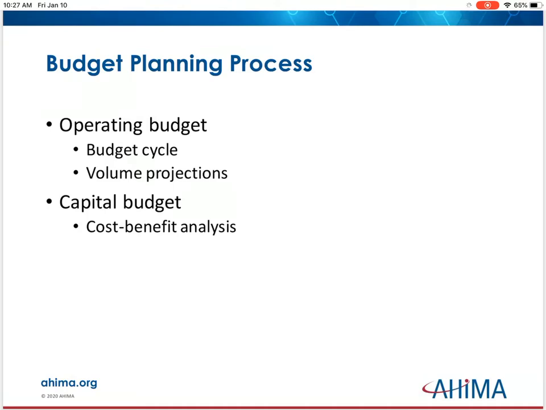For the HIM department, it could be a scanner, because scanners are expensive. Some organizations put caps on capital budget items, and they may say if it costs less than $5,000, it's not a capital item, or if it costs more than $5,000, it is a capital item. So there's going to be caps there.